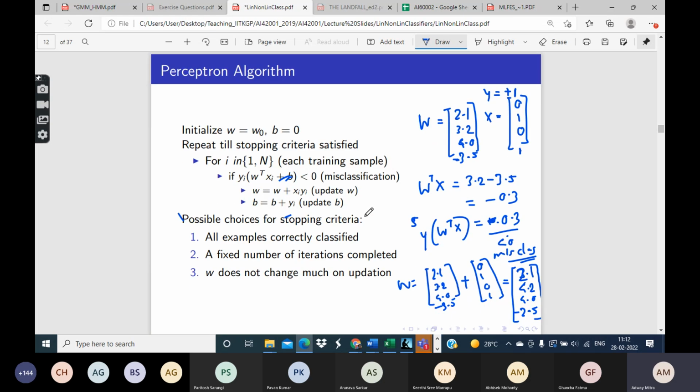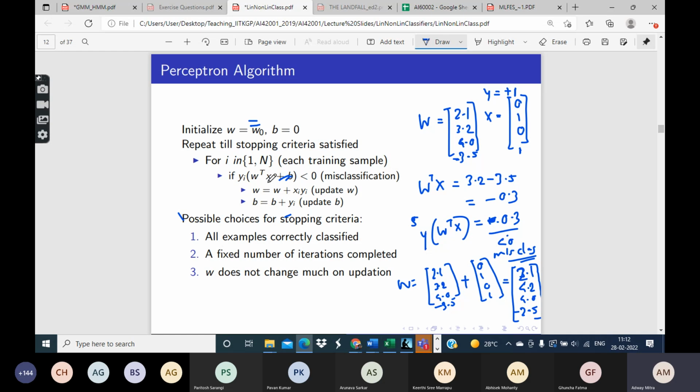So the perceptron algorithm goes as follows. We initialize W, the coefficient vector, to some value W naught, which may be the 0 vector or anything else. Then we make a pass over all the n training examples. We take each training example and do the test which we discussed.